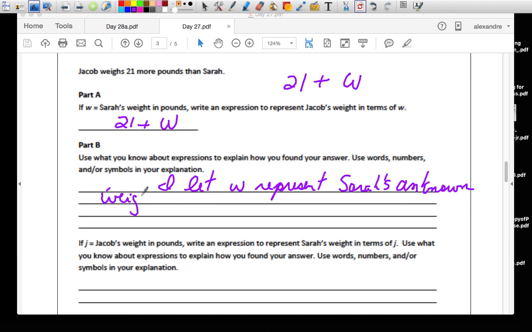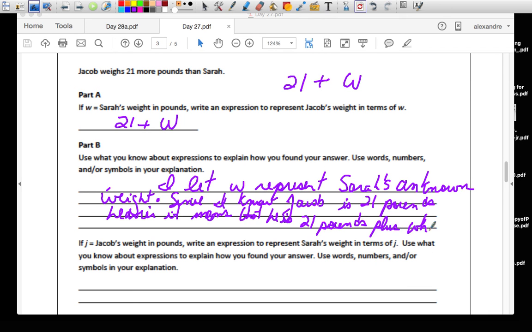Since I know Jacob is 21 pounds heavier, it means that he is 21 pounds plus whatever she is, giving us 21 plus W. I didn't like that, but anyways, that's what I would write.